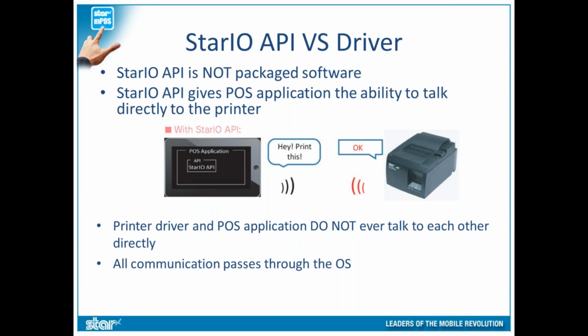This API gives the POS application the ability to talk directly to the printer, whereas before with a driver, we would have the driver communicate with the printer, and the printer communicate with the operating system. Everything was handled through the operating system. Now with an API in the SDK, this type of hopscotch no longer exists. You'll have a direct connection between the printer and the application itself.